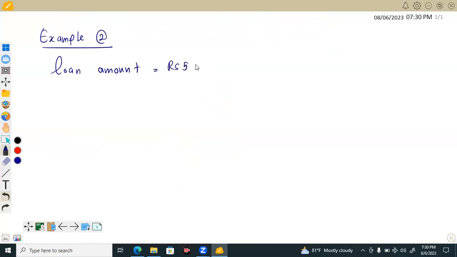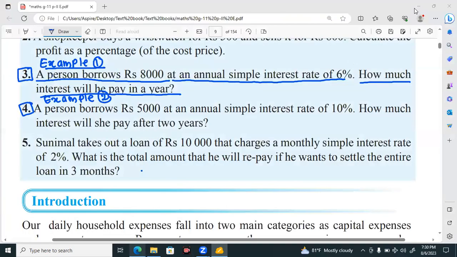Then let's write down the loan amount. Loan amount is 5,000 rupees. Yeah, 5,000 rupees at simple interest rate 10%.